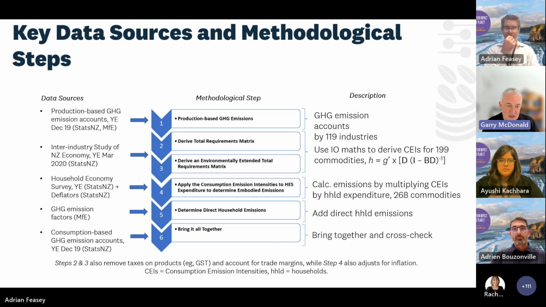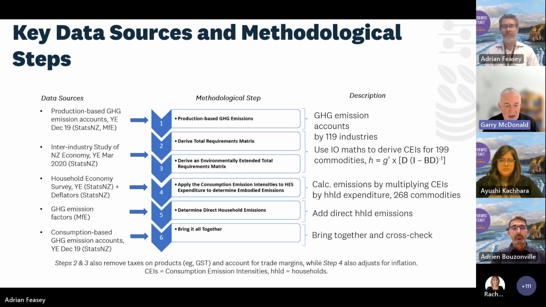There are 6 major steps in the calculation, and I'll run through them really quickly. The first one is we take production-based emissions, and then we calculate what's called a total requirements matrix. That matrix allows us to convert from the production-based to the consumption-based, and it's a number of technical mathematical steps, laid out in the descriptions on the side there.